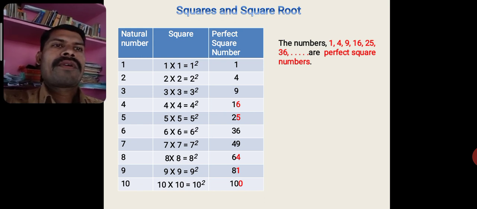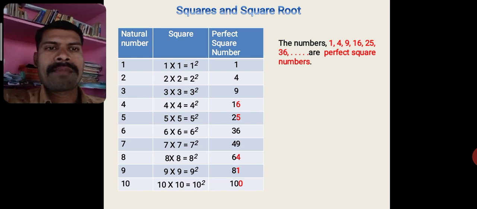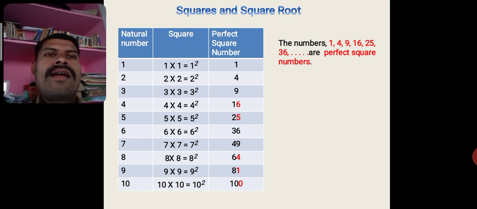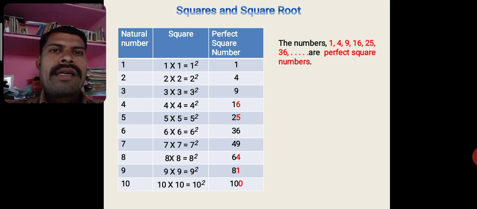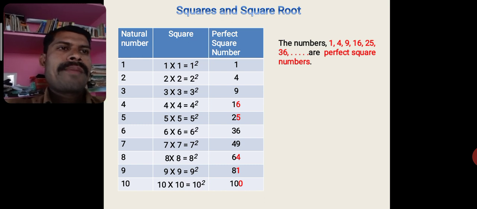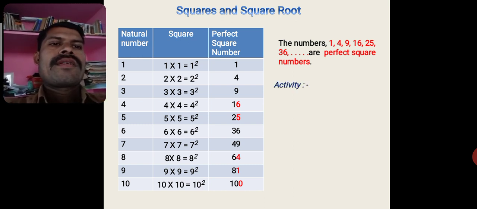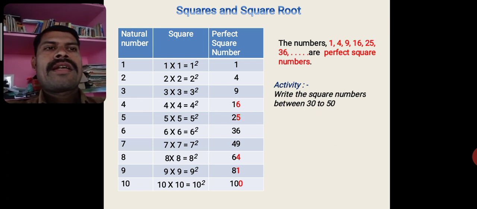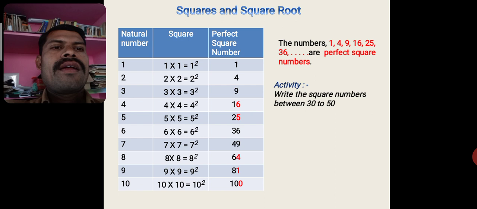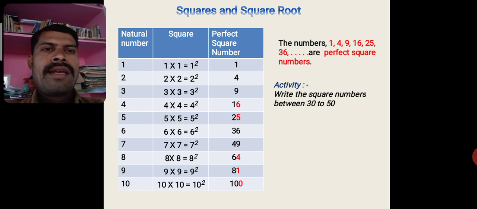These are all perfect square numbers. We can get square numbers only by taking the product of a natural number with itself. Now write the square numbers between 30 to 50 and observe what we can come to know.